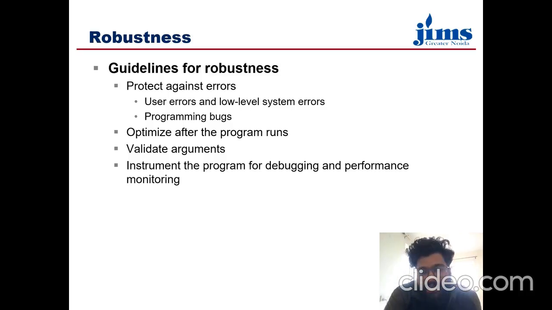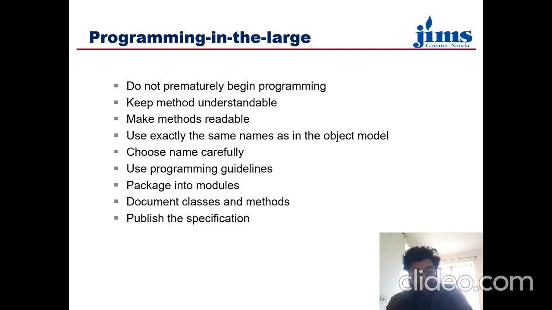Then avoid premature optimizations, which means first make the programs correct. Then always validate input arguments. This is very important. The program should also be capable of debugging and performance monitoring. A robust program fails gracefully, not catastrophically, right?